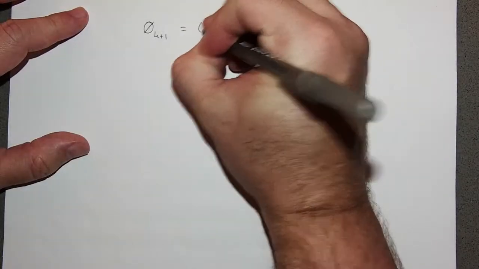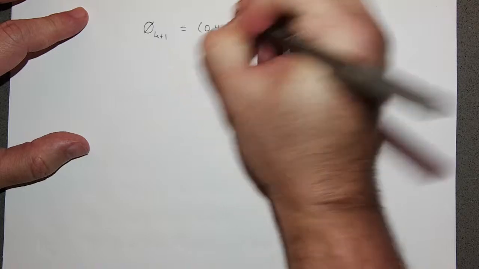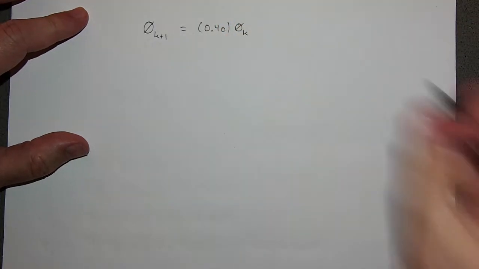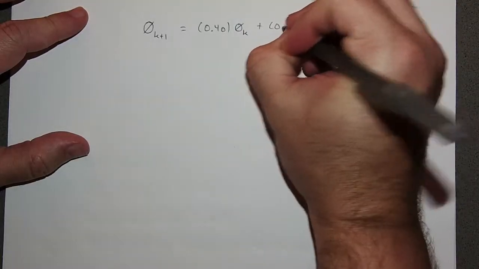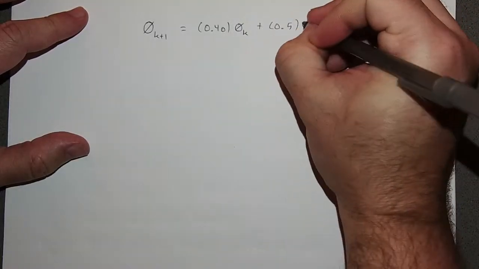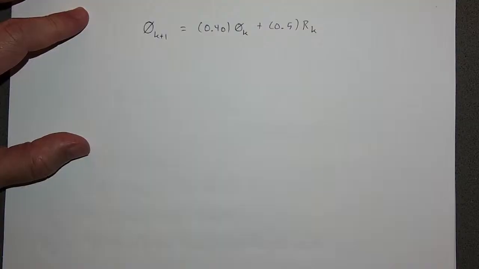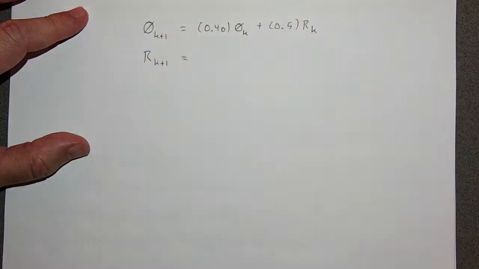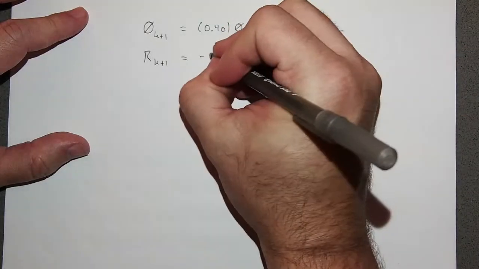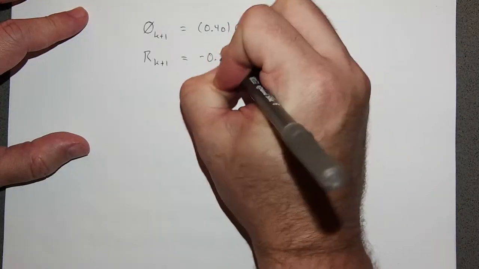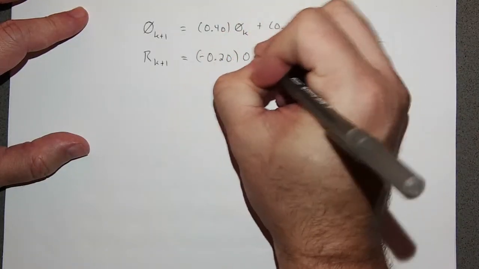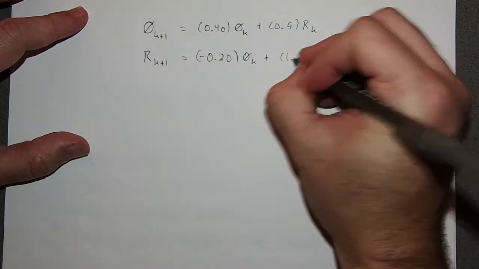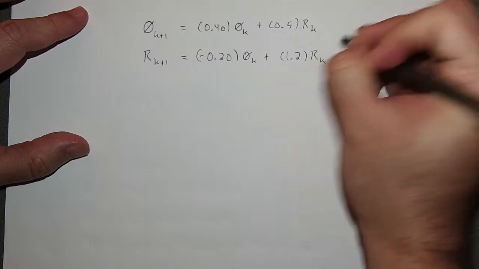So this is going to be 0.40 times the number of owls after k months plus 0.5 times the number of rats after k months, and the number of rats after k plus 1 months is going to be equal to minus 0.20 times the number of owls after k months plus 1.2 times the number of rats after k months.